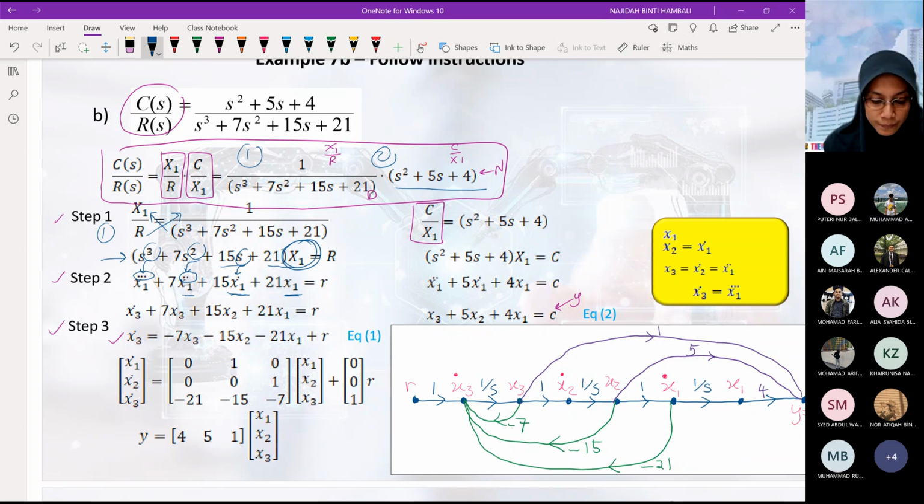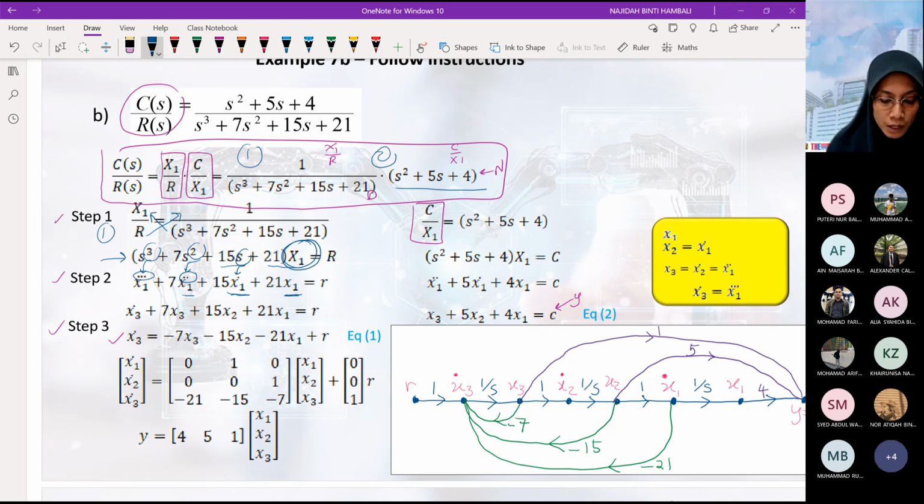Okay, next. Before we proceed with step number 3 to determine the set of state variables, you need to determine your state variables first. To determine the state variables, start with the function without s, which is 21 x1. At this stage, you want to determine how many state variables there are, x1, x2, x3, x4, or x1, x2, or x1, x2, x3.